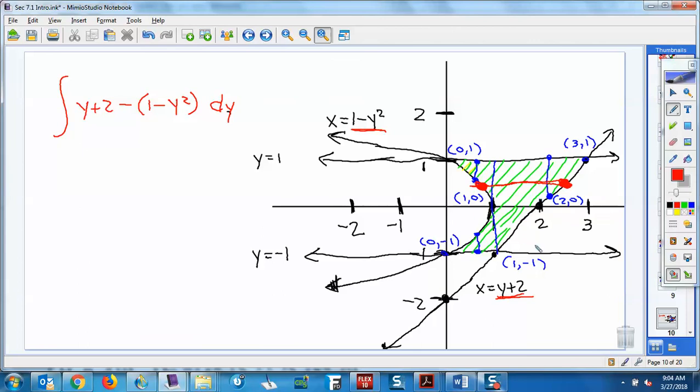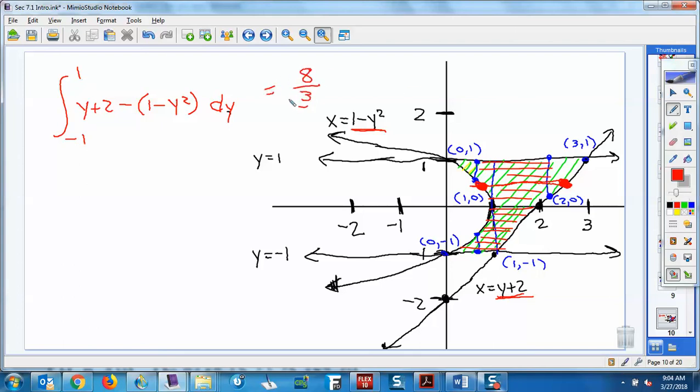Now the red strips are going to fill the space from where to where? We always want to go from little number to big number. -1 to 1. Now, they already did that in your work here. -1 to 1, and I think they got 8/3. 8/3 is what they got for an answer.